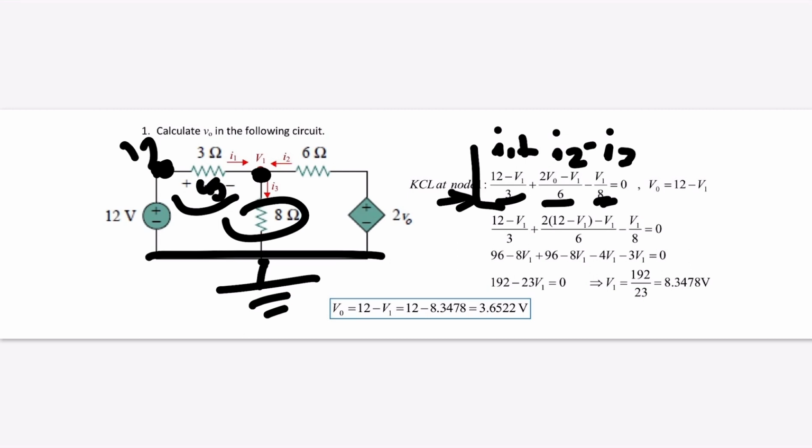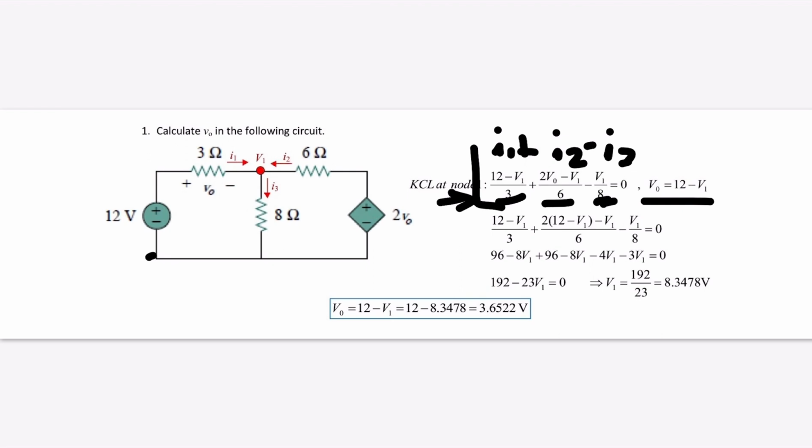This point is the higher potential point, which is 12. This is the lower potential point, which is V1, because current moves from higher to lower potential. So 12 minus V1 is equal to V naught. We just wrote that.